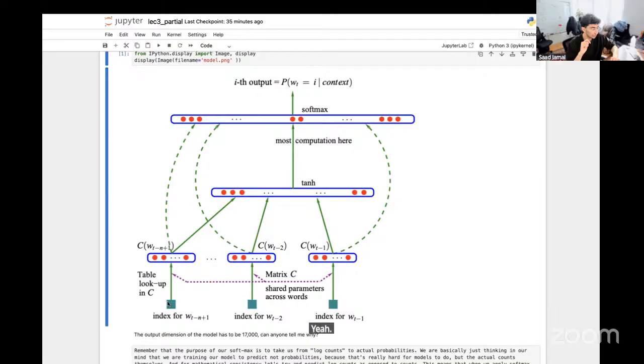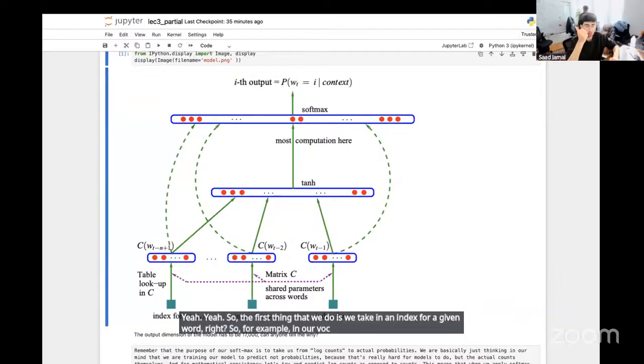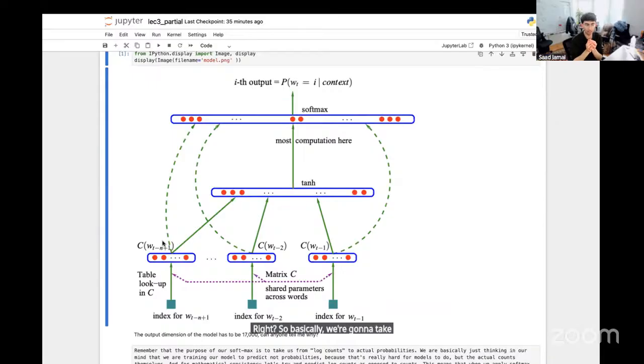Yeah. So the first thing that we do is we take in an index for a given word, right? For example, in our vocabulary, A is one, B is two, C is three. You with me so far? So we have indices. Those indices go into a lookup table. That lookup table is called a word embedding or a token embedding, right? Basically, we're going to take a character like A or B or C, and we're going to get an embedding.